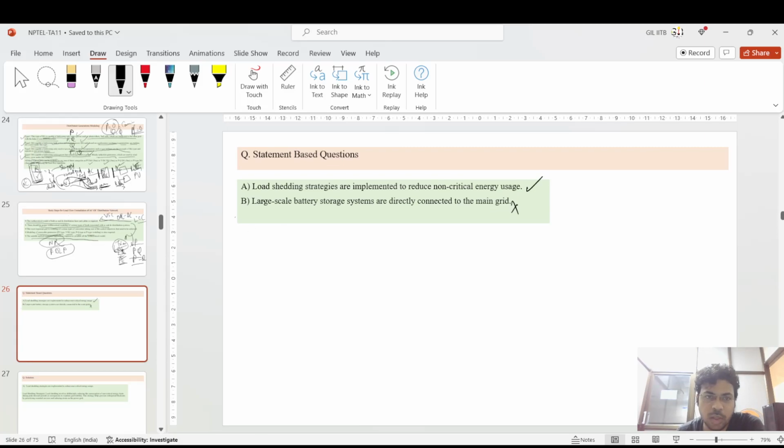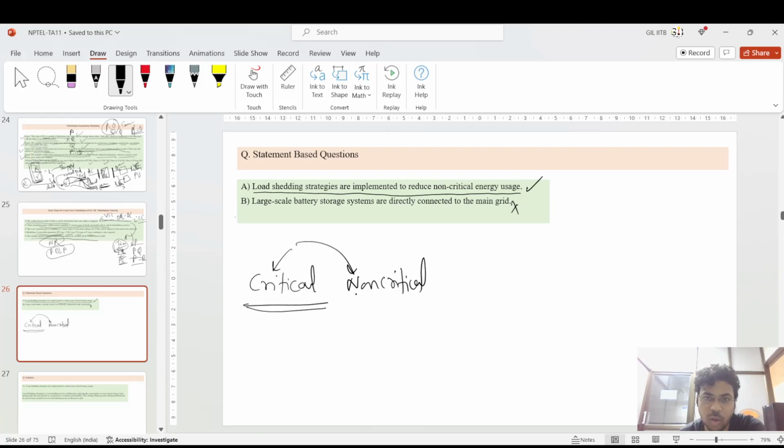Okay, let me give the solution. Actually, A is correct and B is false. Just read the statement: load shedding strategies are implemented to reduce the non-critical energy uses. There are two types of energy uses: one is critical and the second is non-critical.